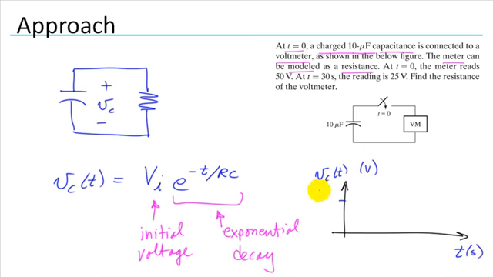At time 0, the exponential portion is 1, giving us simply VI, and then it drops off until it approaches 0. The problem statement tells us that initially the voltage reads 50, and then sometime later it reads half that value, 25 volts at 30 seconds.